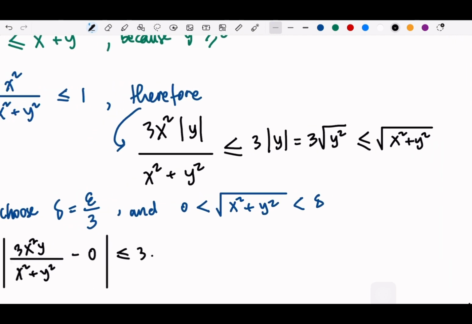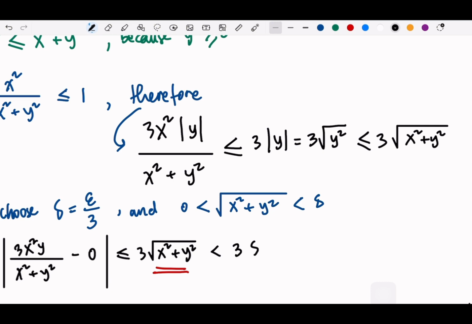Oh, I'm missing out 3. Sorry, it should be 3 times the square root of x squared plus y squared. And since this is going to be our delta, and the delta is epsilon over 3, we can write this is less than 3 delta, which is 3 multiplied with epsilon over 3, which gives you a perfect epsilon.